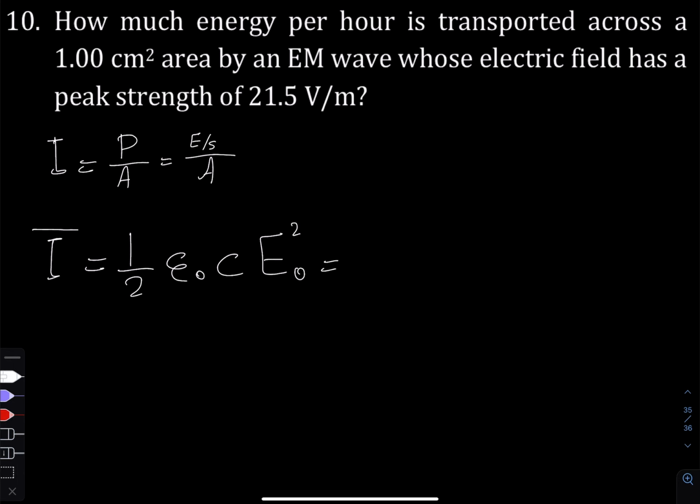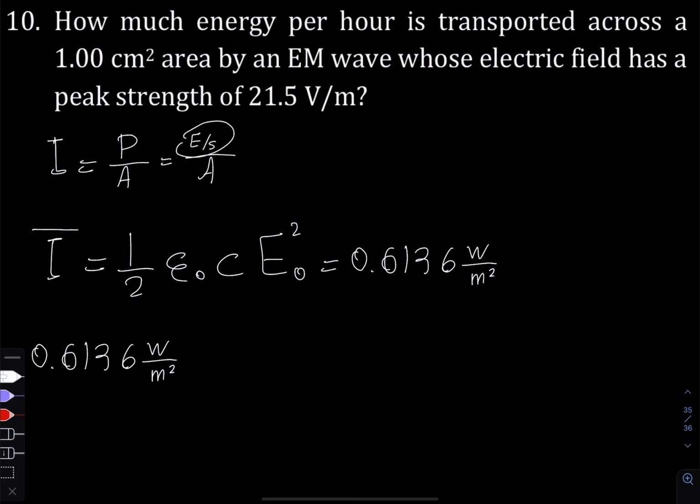All right. So now that we have this value, we can do a couple things. We need to get the energy per second, so we need to really extract out this area part. We're given an area value of 1 centimeter squared. Be careful when trying to convert this into meters squared, right?